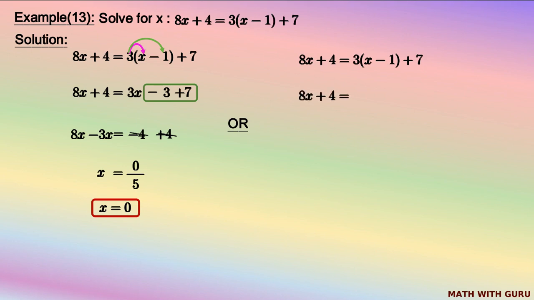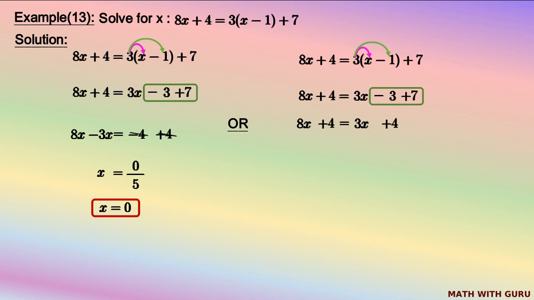Or, 8x plus 4 equals 3 into (x minus 1) plus 7. 8x plus 4 equals 3 into x minus 3 into 1, that is 3, plus 7. 8x plus 4 equals 3x plus 4. Look here, we have plus 4 on both the sides.